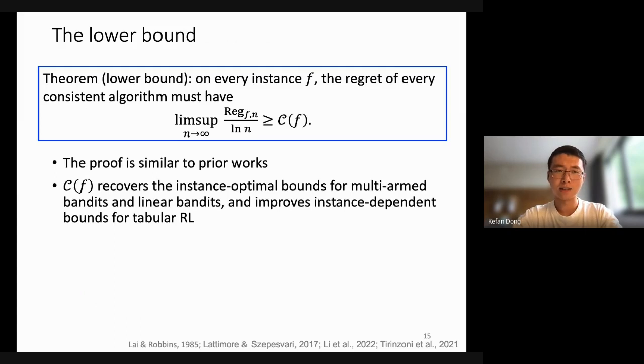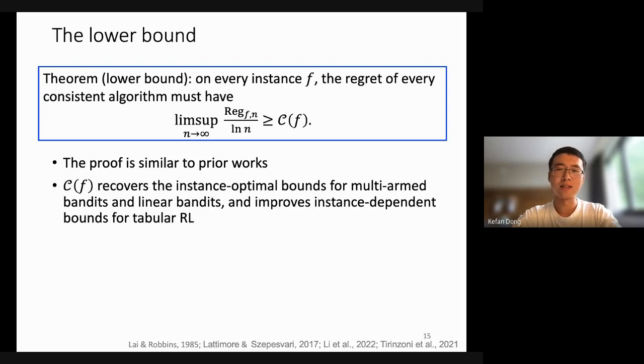I think there are actually two ways to see this. One way is that we can explicitly compute the value of C of f on the multi-armed bandit and linear bandit instances and directly compare that value with prior works. Or we can argue that this complex measure for instance optimal bounds must be unique.